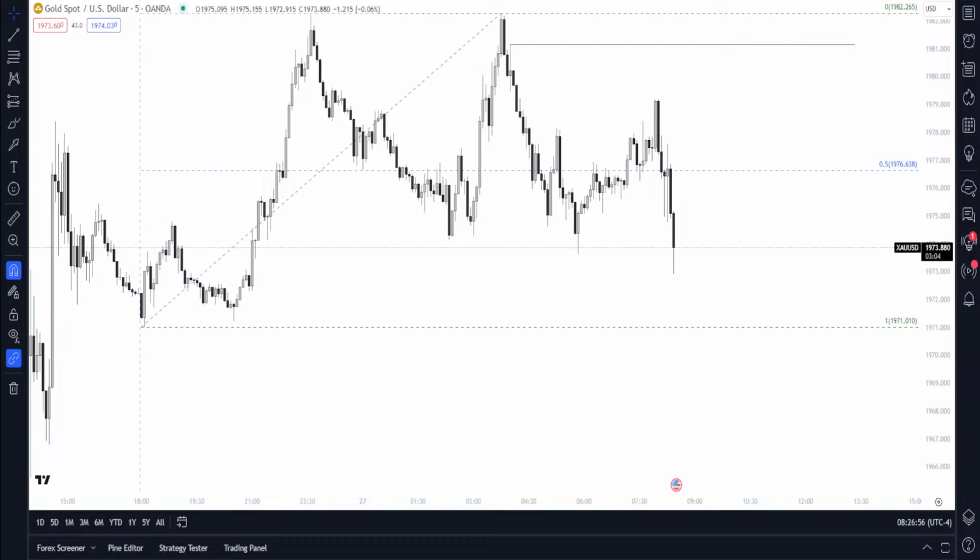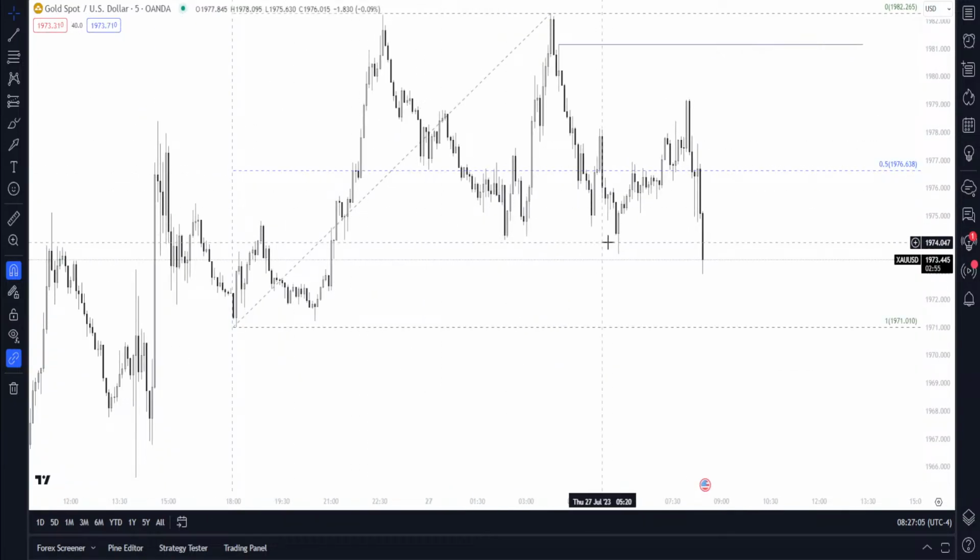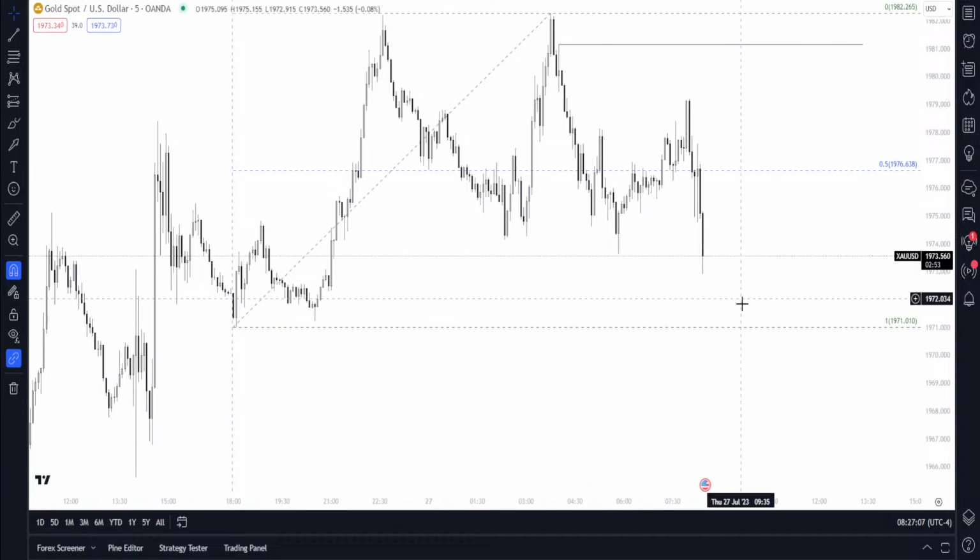Okay, so technically, we're bearish for the day. Sorry, not bullish. But we are going down. Now, if news goes down first, then we should swap to bullish, right? So we will see.